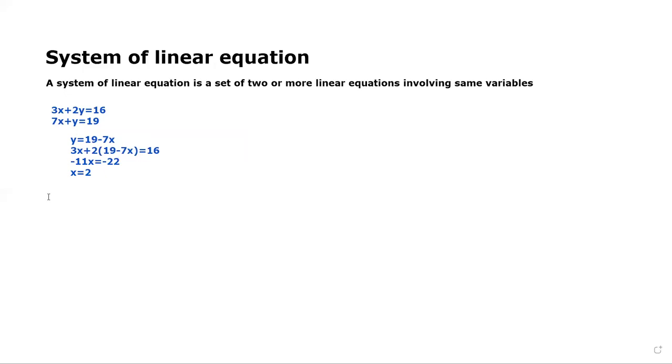We get 7 into 2, that is 14, plus y equals 19, or y equals 19 minus 14, that is 5. So the solution for this system of linear equations is x equals 2 and y equals 5, that is (2, 5).